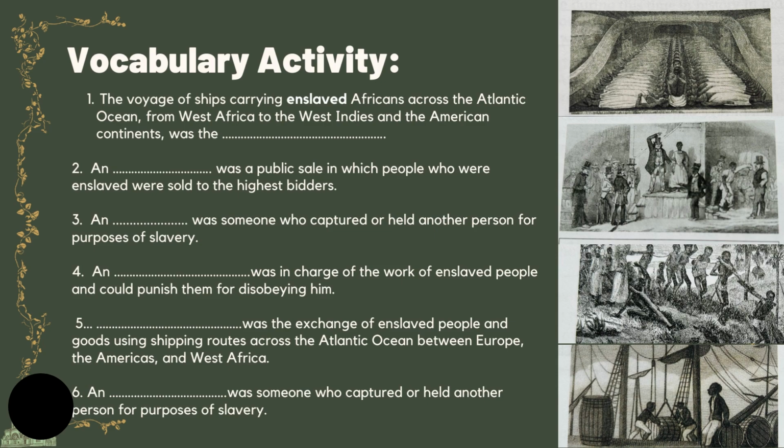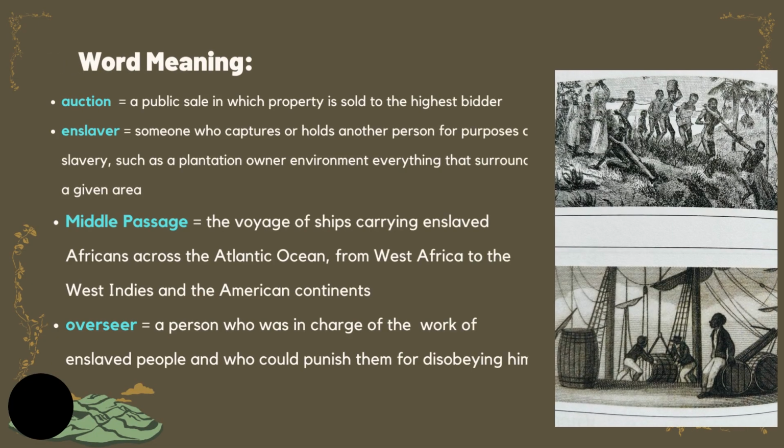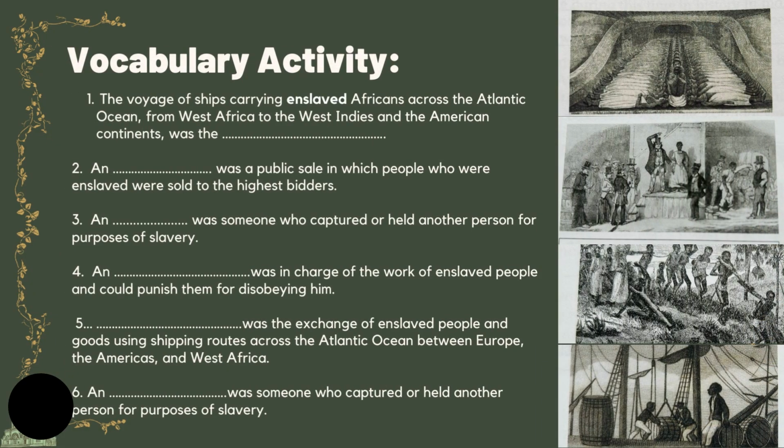Number two: an auction was a public sale in which people who were enslaved were sold to the highest bidders. Number three: an enslaver was someone who captured or held another person for purposes of slavery. If you know the word meanings, then you can get the answers here.